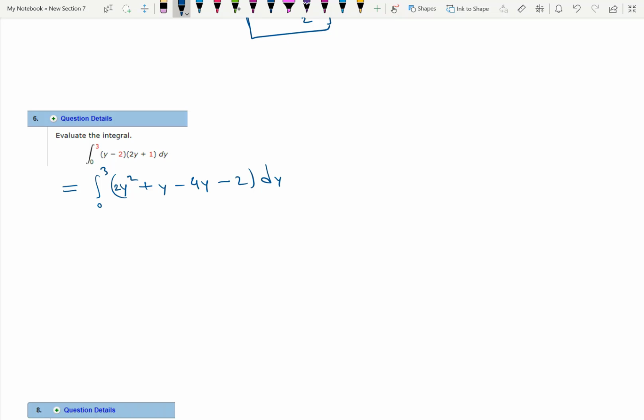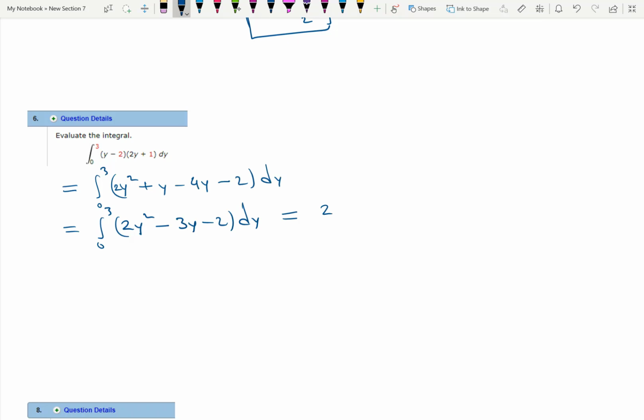Sorry, it is 2y square actually. 2y square plus y minus 4y minus 2. Yep. So it becomes the integral from 0 to 3 of 2y square minus 3y minus 2 dy.